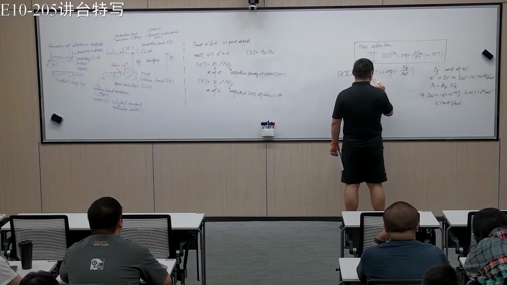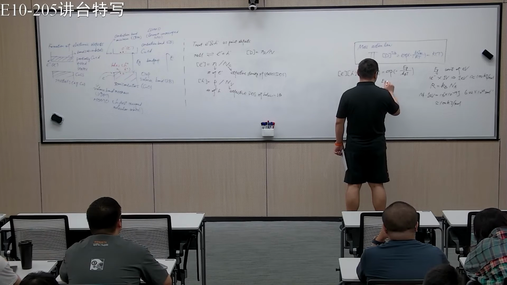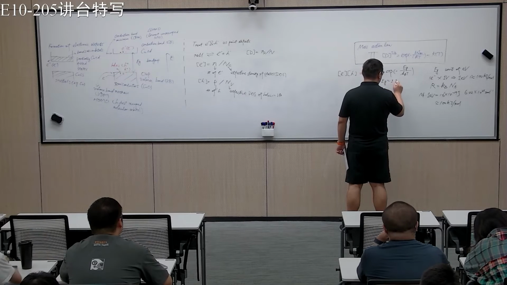Let me give you an example. For silicon, E_G is roughly 1.1 eV.